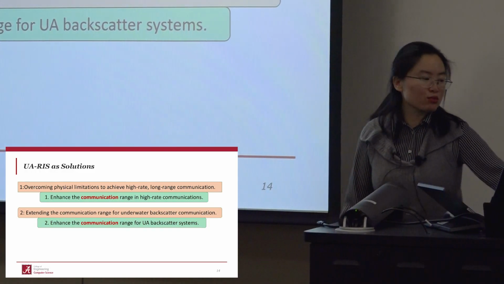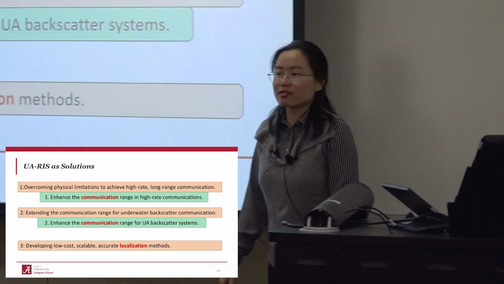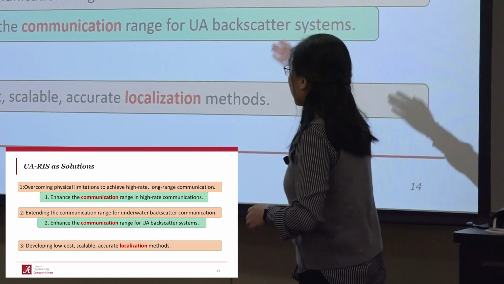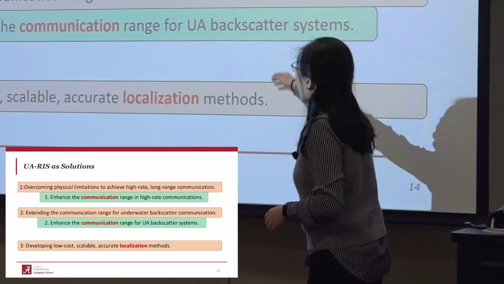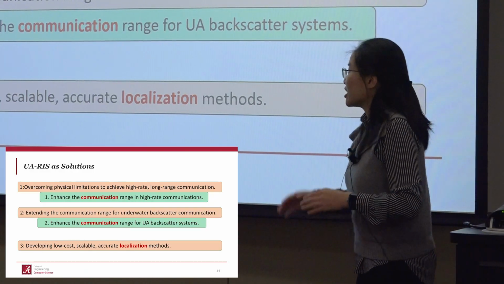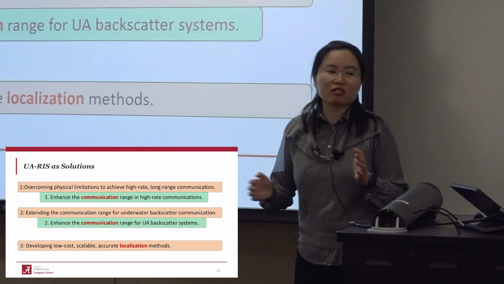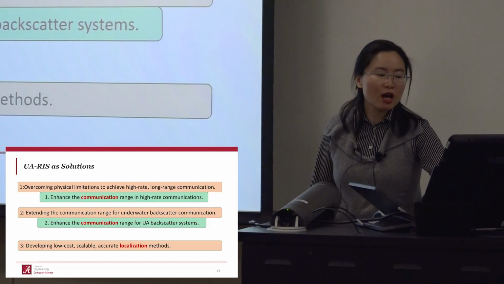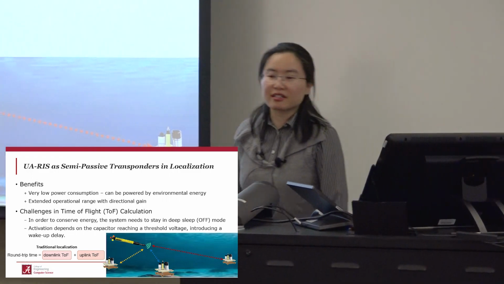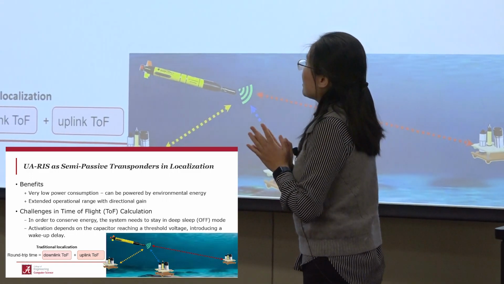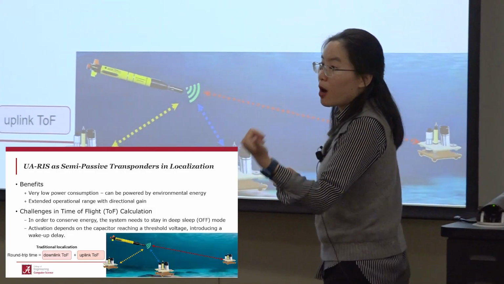And then we come to our third challenge, which is the localization. So we can see that RIS for localization is not that straightforward, and that means there are a lot of challenges in order to use it for localization. But we know the benefit of RIS is the low power.